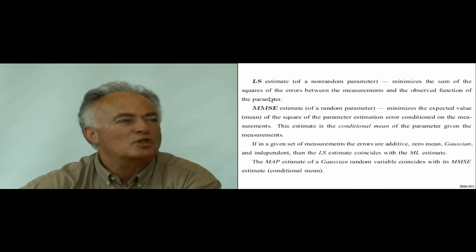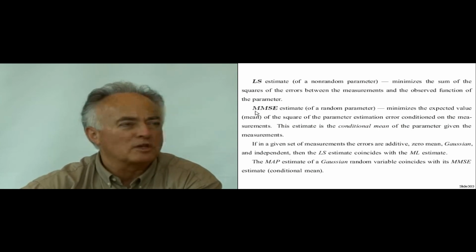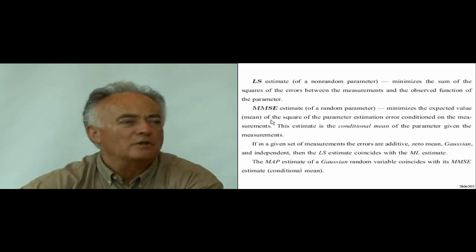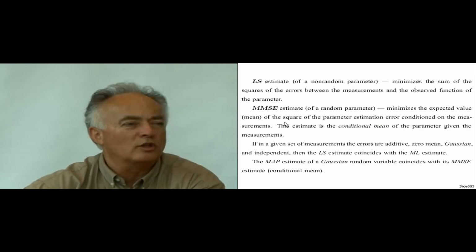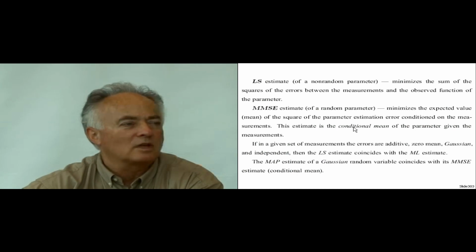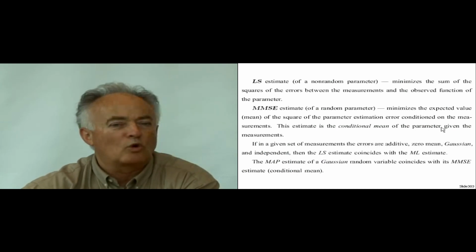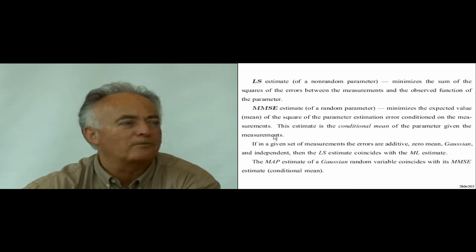The minimum mean square error estimate, which pertains to a random parameter, is the one that minimizes the expected value, the mean of the square of the parameter estimation error conditioned on the measurements. So minimum mean square error, you can see the words here in the text. Now this estimate turns out to be the conditional mean of the parameter given the measurements. So you calculate the posterior or conditional density and take its expected value.